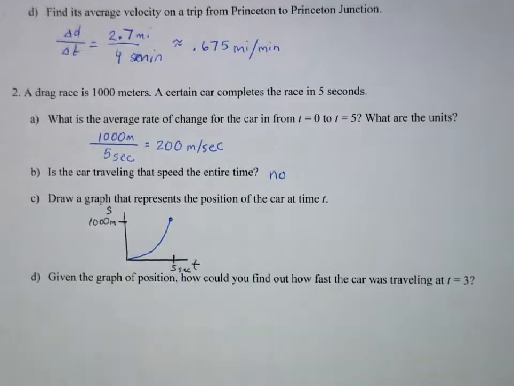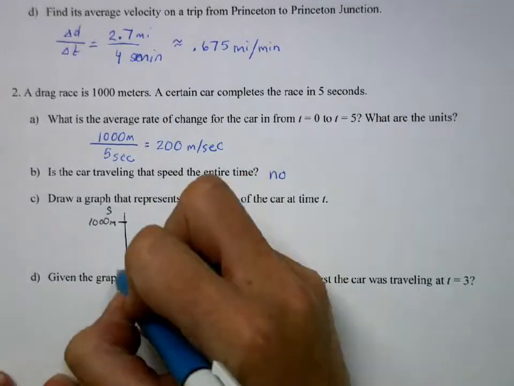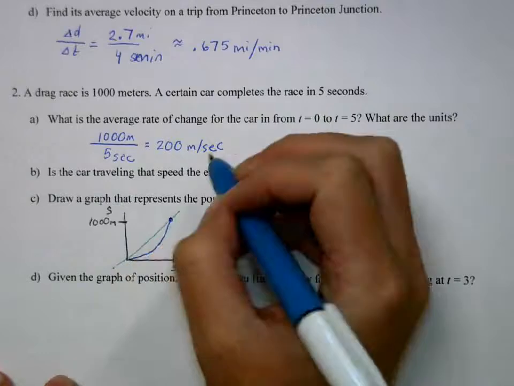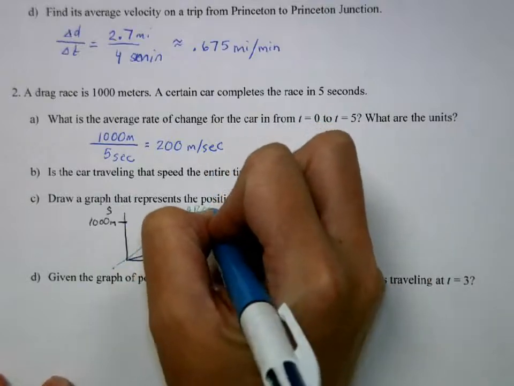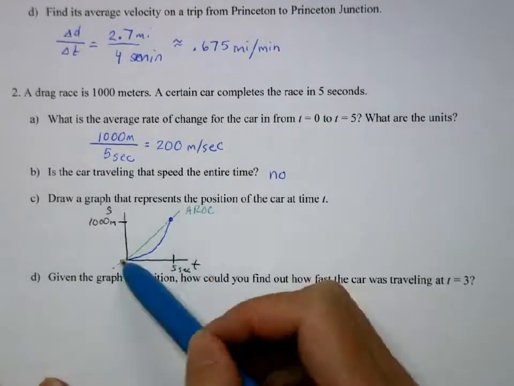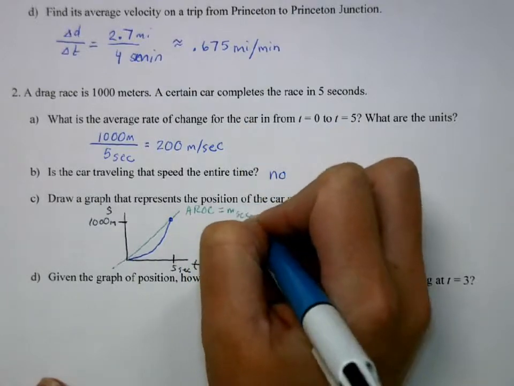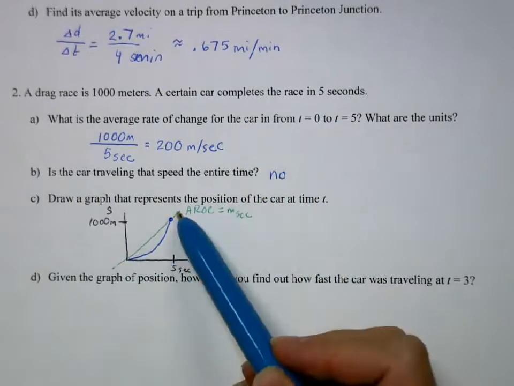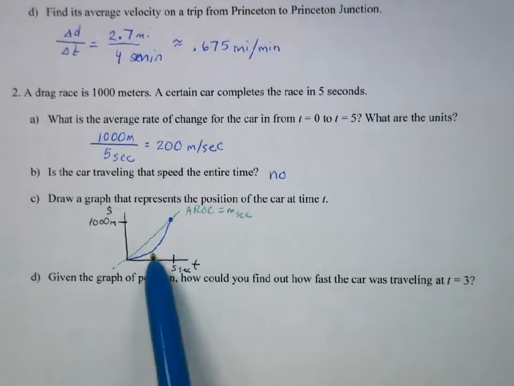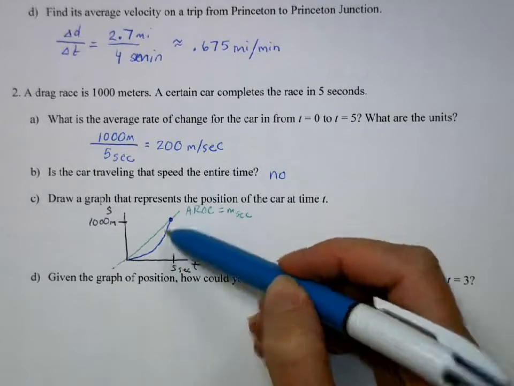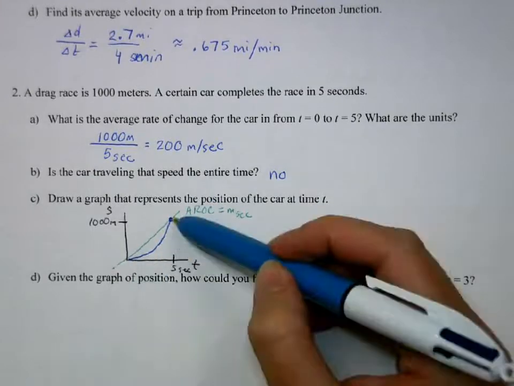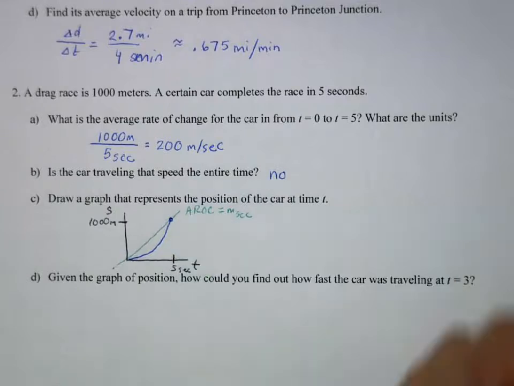The average rate of change is the slope of this line. We'll call that a secant line. This is the average rate of change, but the speed here is different than the speed here. It's going to be less than 200 here, and more than 200 when we get to the end of the race.